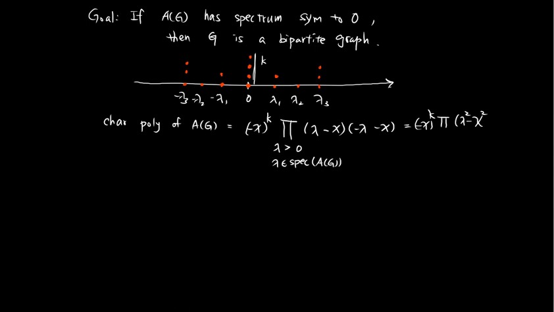Okay, let me write that again: x squared minus lambda squared. I believe so. So you will realize that this part is an even function.